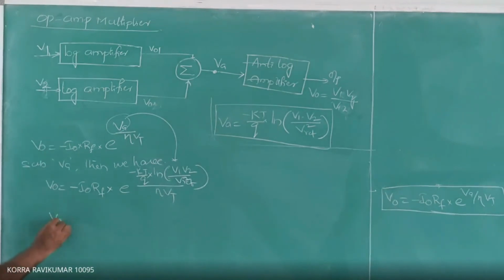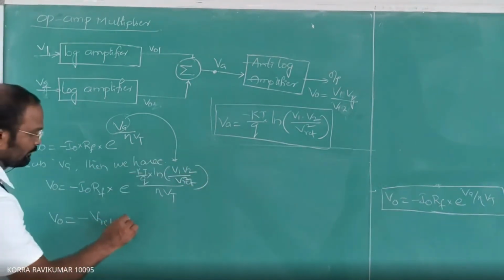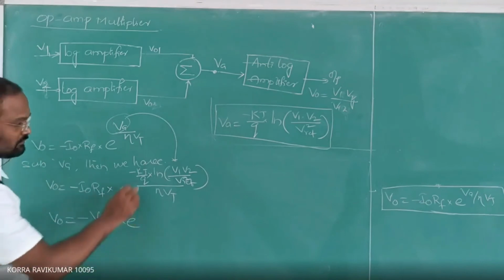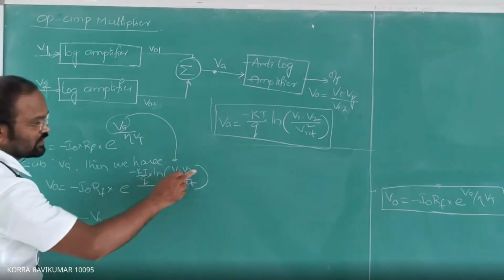Now V naught becomes equal to minus V reference. Take I into R is equals to voltage V. So instead of taking simple V, I just want to take it as a representation, minus VRF, because we took it like that earlier. Into e power minus Kt by Q into natural logarithm of something.